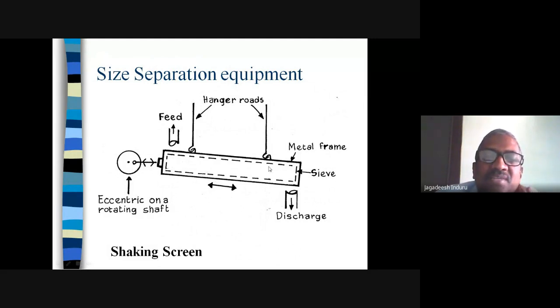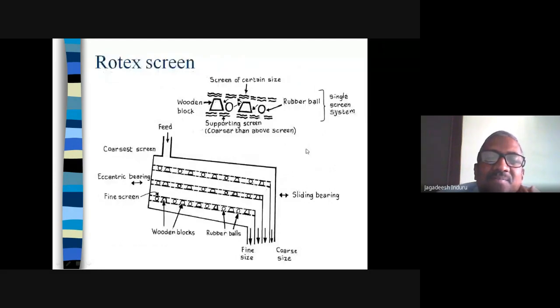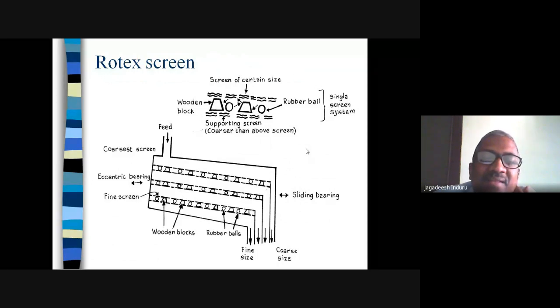There is no option here to remove the blockage of the pores in the screen. But in this mill, it is not like that. As and when the blocks are created, they will be removed by the ball. The ball will hit back and remove the block, and it will separate into a plus material and simultaneously a minus material.